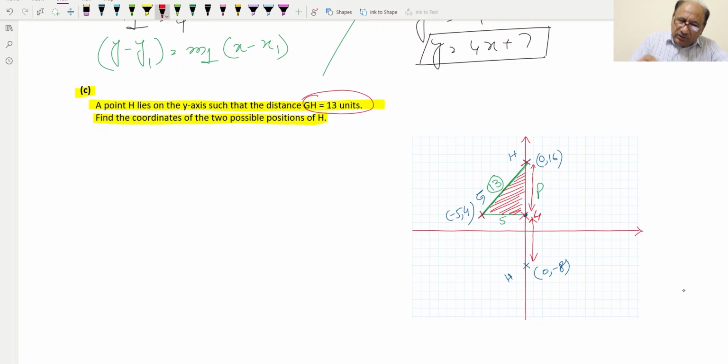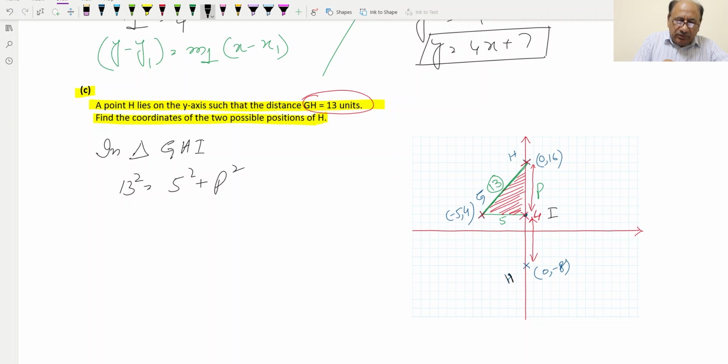So we can consider the triangle GHI. In triangle GHI we will apply Pythagoras theorem, so 13 squared will be equal to 5 squared plus p squared.